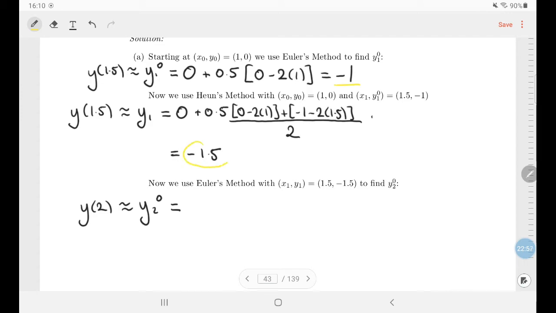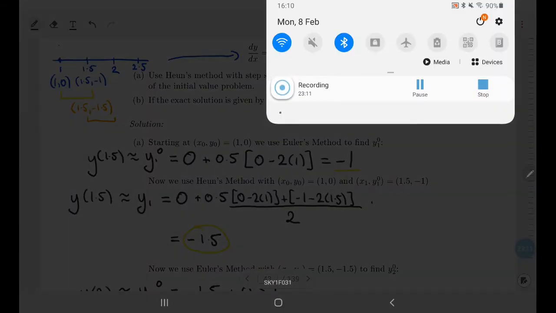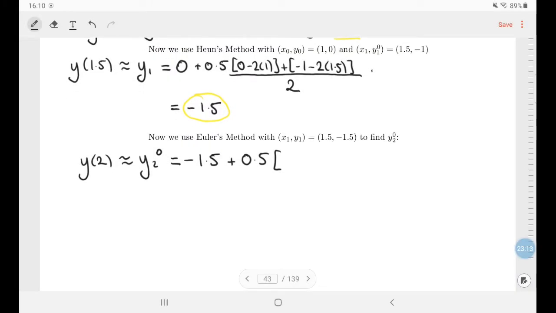This is our best estimate of what y is at the previous point, plus step size, which is 0.5, and then times previous slope. Now the slope is y minus 2x. So I should do y minus 1.5 minus twice x, 1.5.